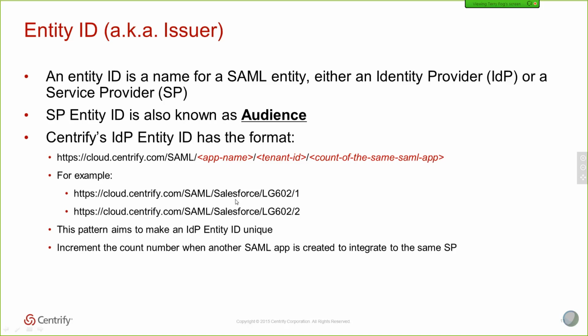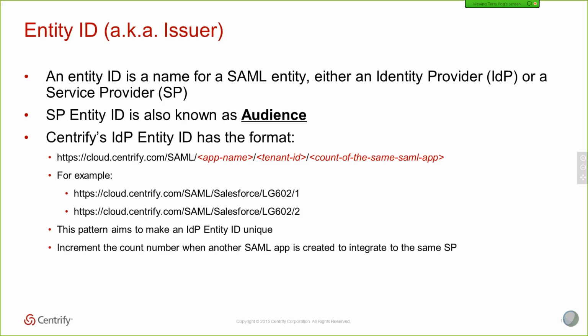Given one cloud tenant, say LG602, for whatever reason, it will have two Salesforce SAML applications. Then the IDP entity ID, if we want it to be unique, needs some differentiation. That's why the count comes in.